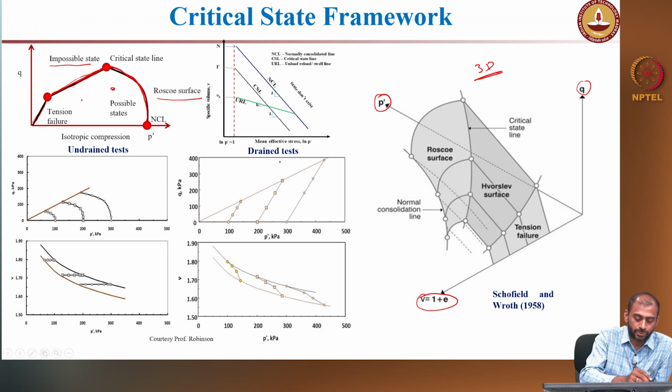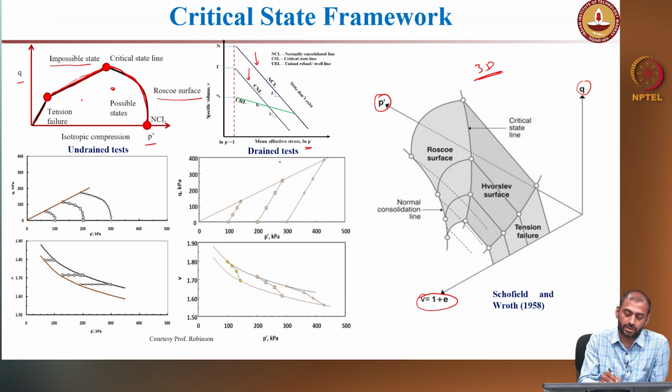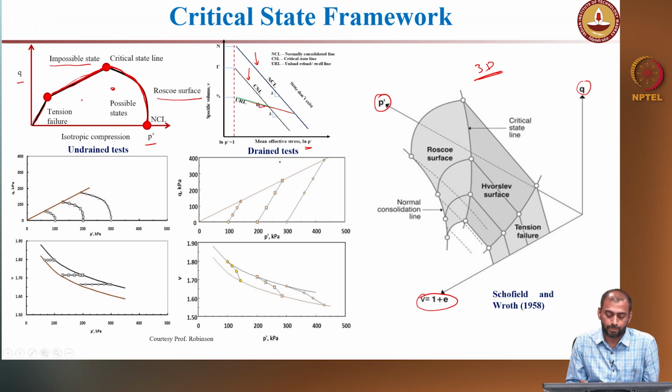So, this is P prime versus Q space, mean effective stress and deviatoric stress space. Also, you can represent all these things in specific volume and mean effective stress space, right. So, you have a normally consolidated line, a critical state line, and an unload reload line, right. You have these factors lambda and kappa, right.